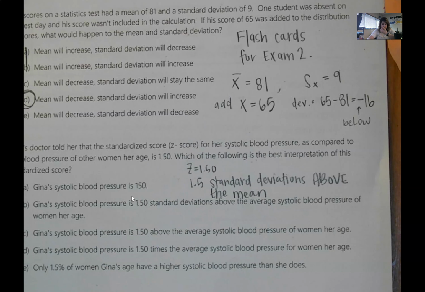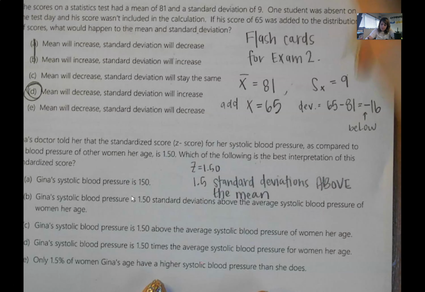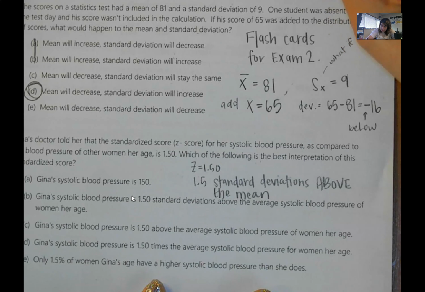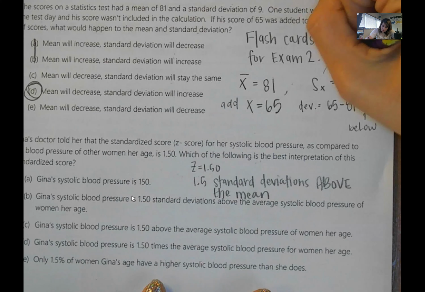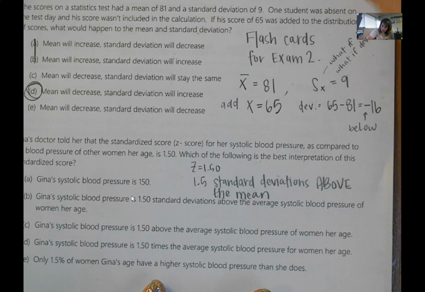So I would make sure that you know what happens if you add a value and the deviation is 0, the deviation is larger, the deviation is smaller. So let me just write that on here. What if deviation were 0? What if deviation were 4?